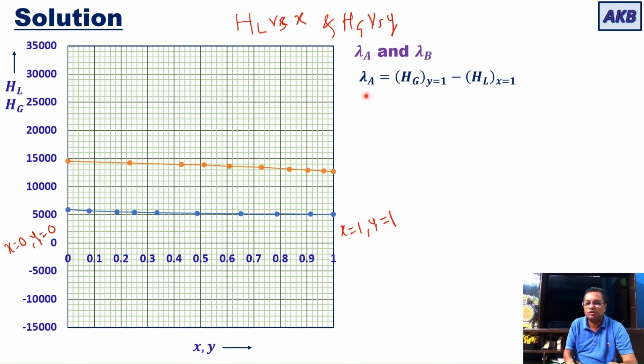Lambda A, the molar latent heat of vaporization of A, how can you get it? That is nothing but this distance.